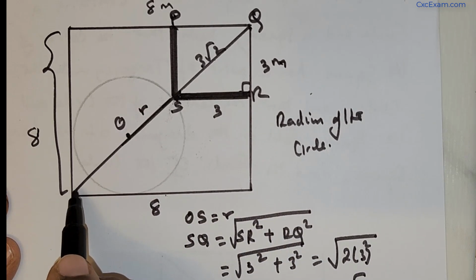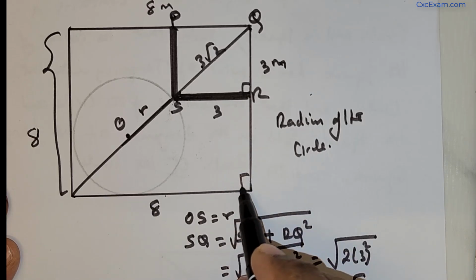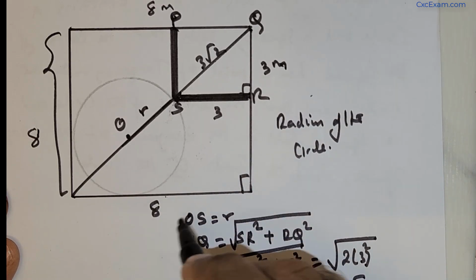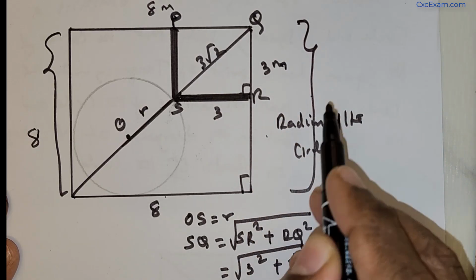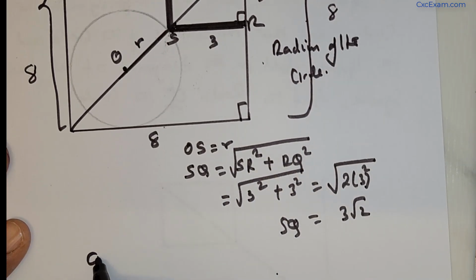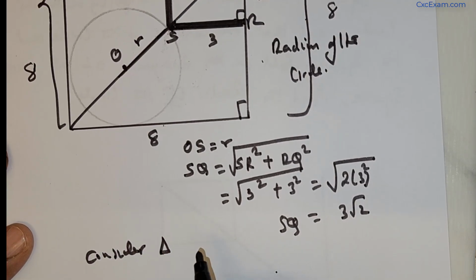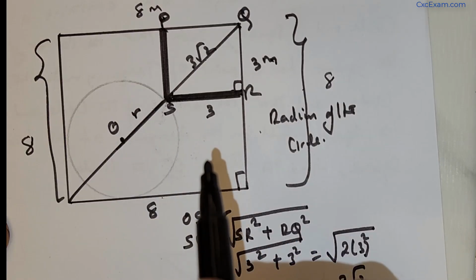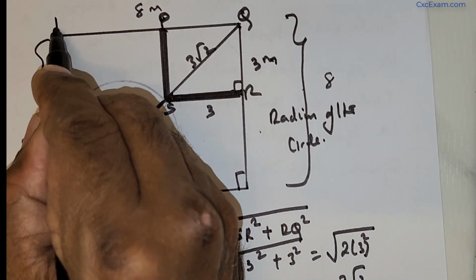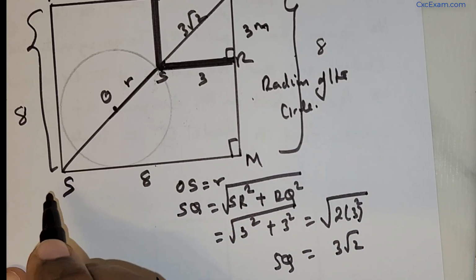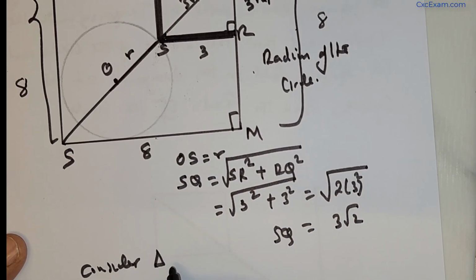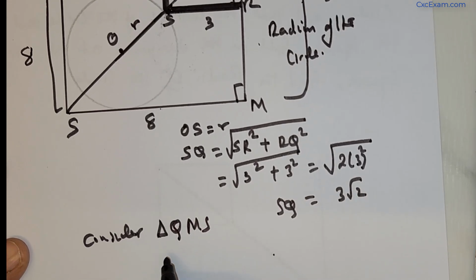Now this is clearly 90 degrees, so I can work along this side. So this entire length is going to be 8. So consider triangle QMS.